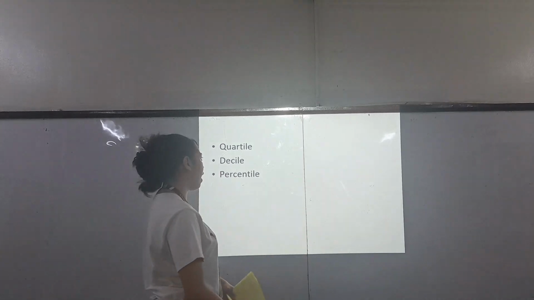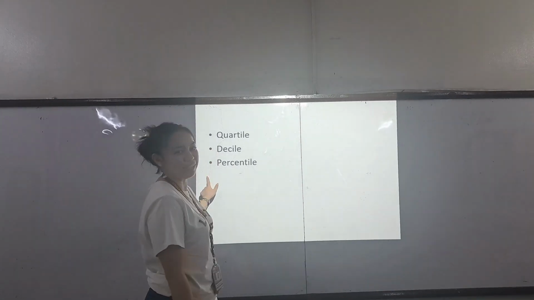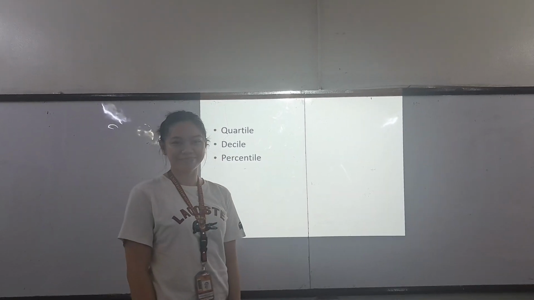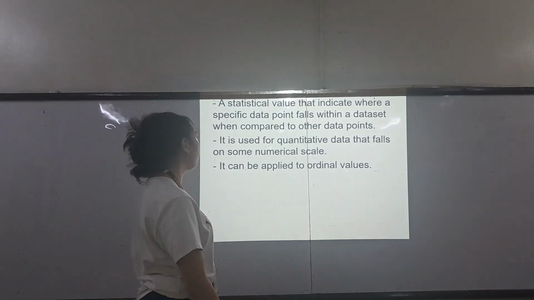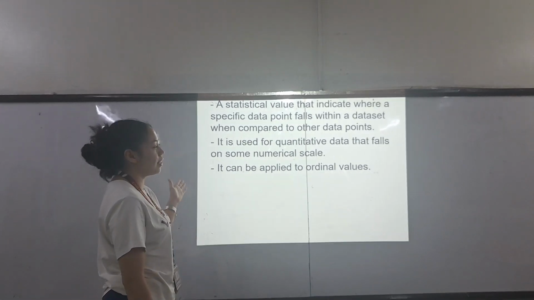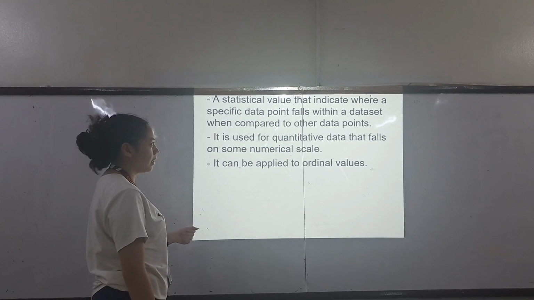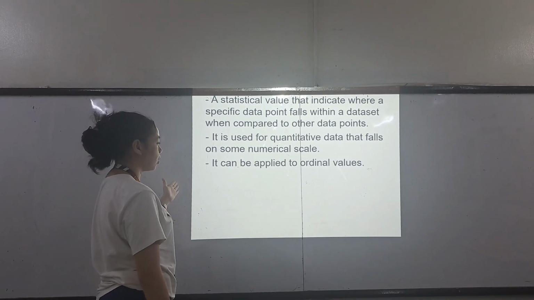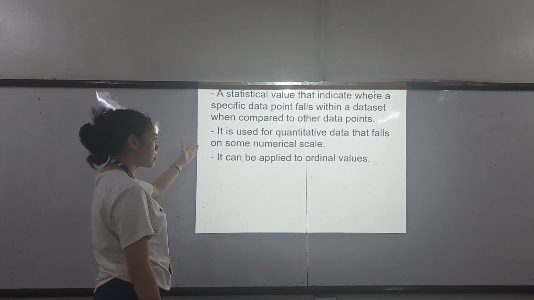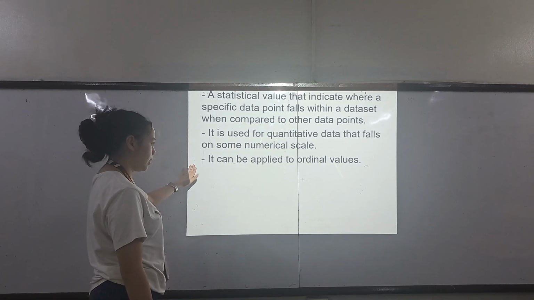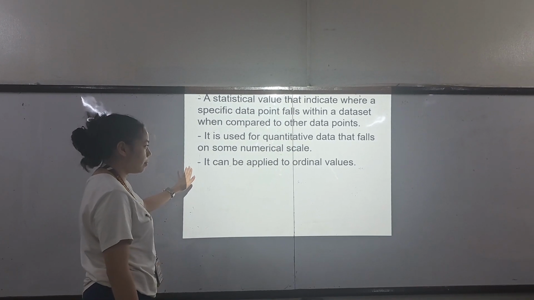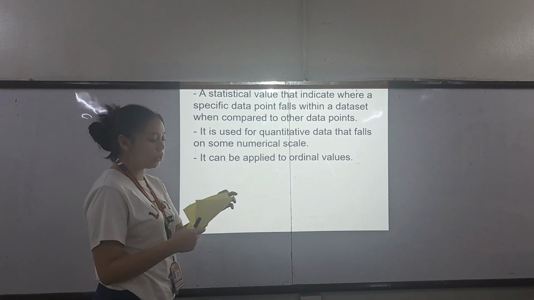So we have three: quartile, decile, and percentile. First, let's know the definition. It is a statistical value that indicates where a specific data point falls within the data set when compared to other data points. It is used for quantitative data that falls on some numerical scale, and it can also be applied to ordinal values.